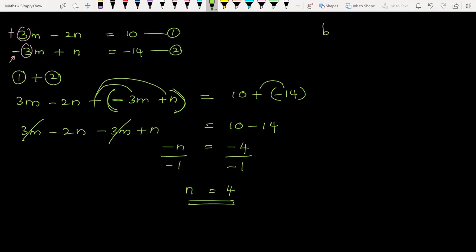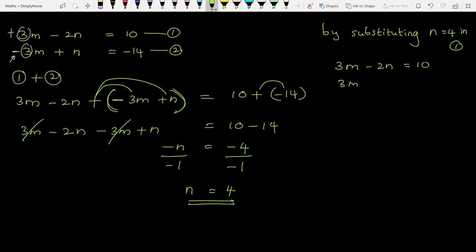Then I'm going to substitute n equals 4 into the first equation. So the first equation is 3m minus 2n equals 10. m we need to find now.